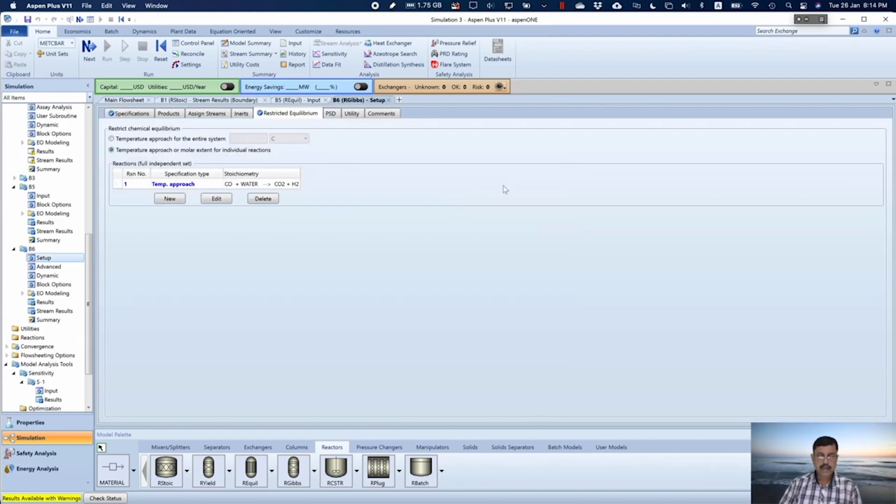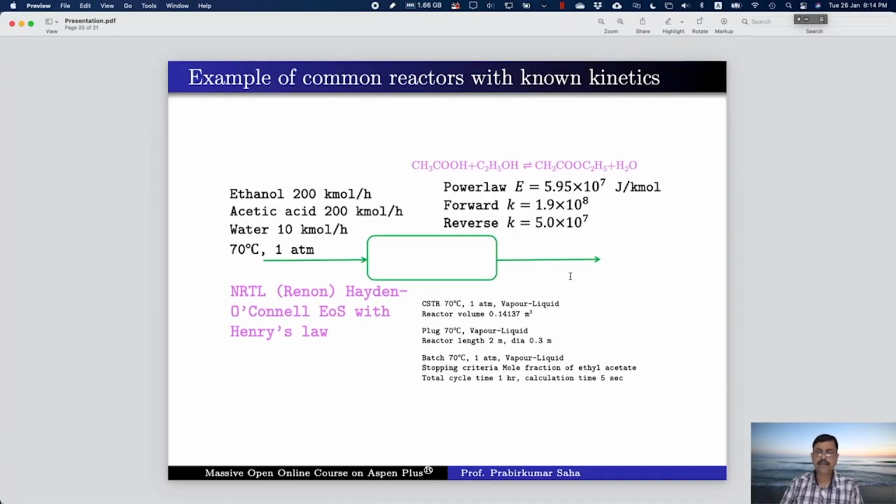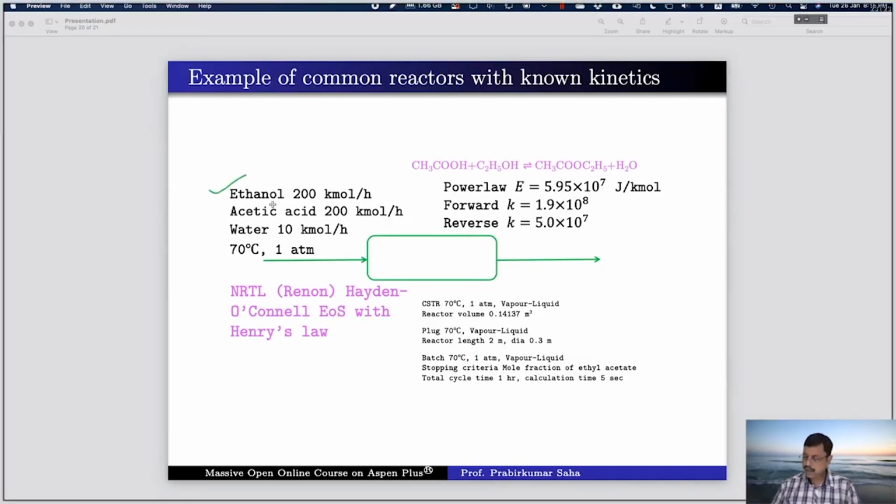Now we shall learn the last three reactors, that is CSTR, plug flow reactor and batch. For that we open a new simulation block and we shall use this example of common reactors with known kinetics. In this reactor we have ethanol and acetic acid as reactants, and from them we produce ethyl acetate and water.